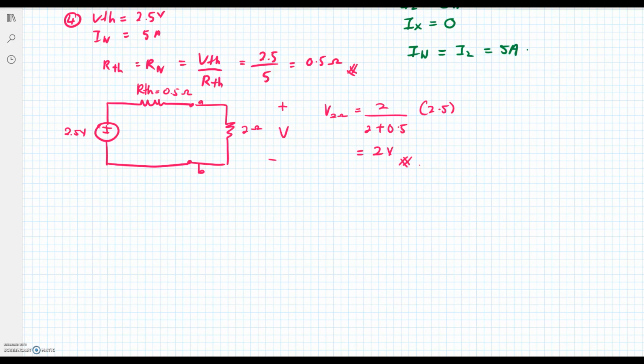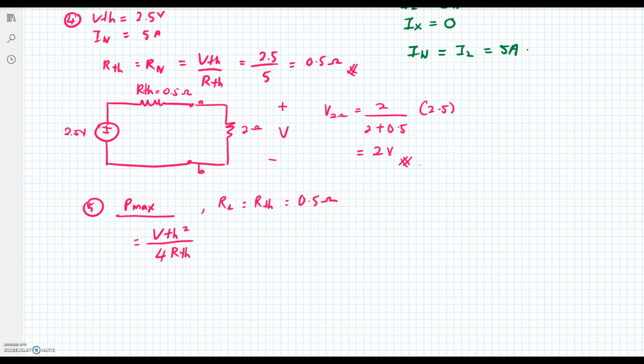And then if the question asks you to find the Pmax, it is equal to V Thevenin squared over 4 R Thevenin. You have to write down this equation, where RL is equal to R Thevenin, which is equal to 0.5 ohm.